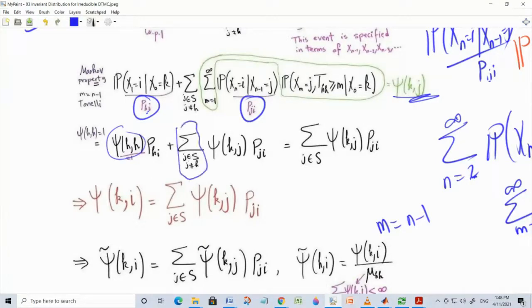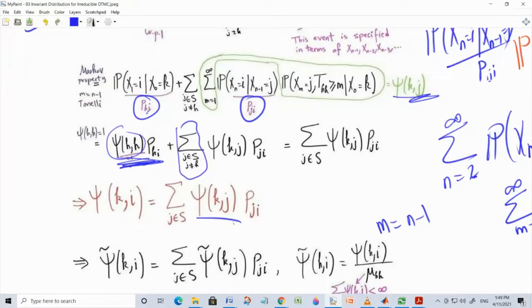The summation here is over all states except state k, and it has the form psi_kj b_ji, but then this outer term is psi_kk b_ki. So this term can be merged into this summation, so that we have a sum going over all states including state k, with psi_kj multiplied by b_ji.